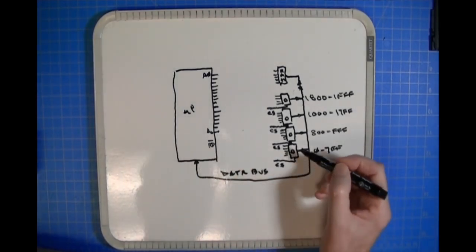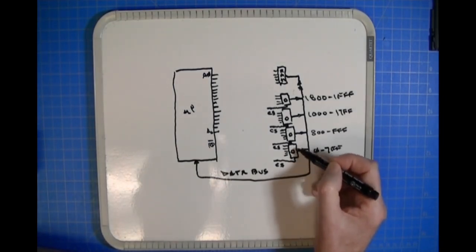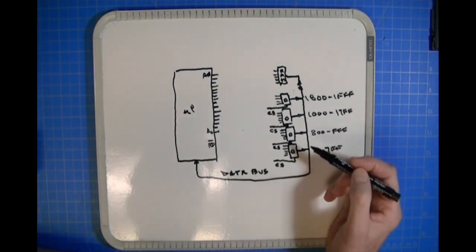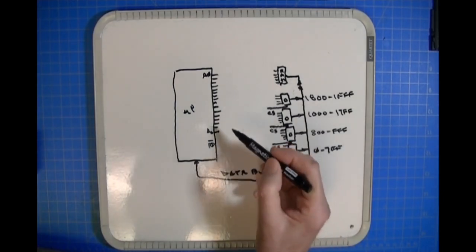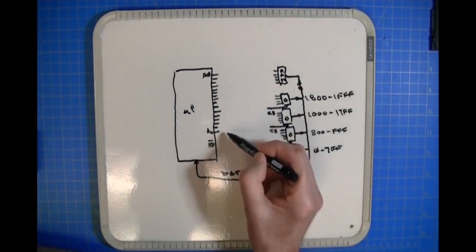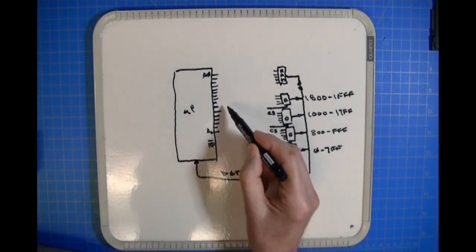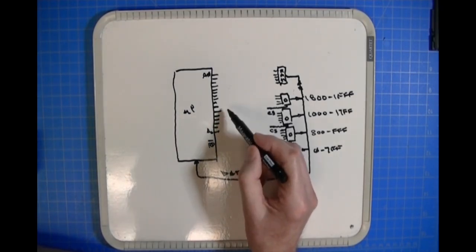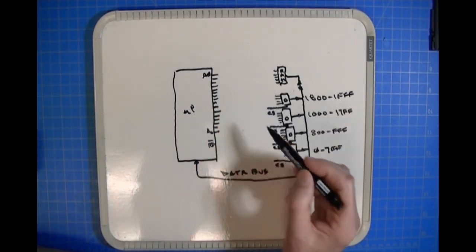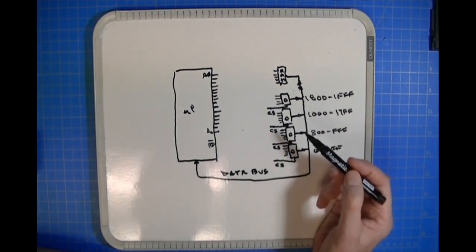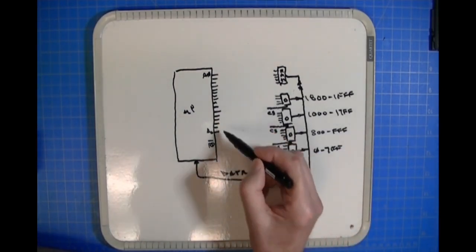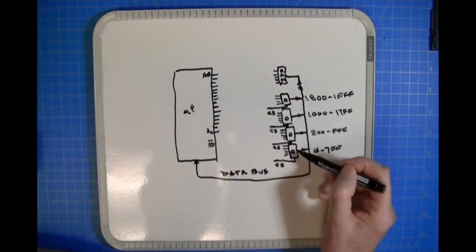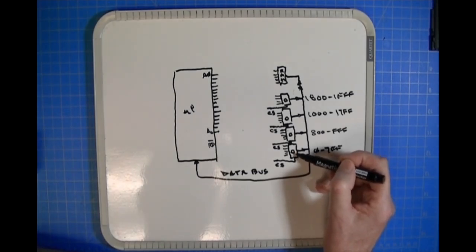So the range of bytes that are stored in this EPROM are going to have to be covered by the bits that are set on the first, I'm going to say 11, I could be wrong, 11 bits of the address line. So when those bits are set to point to this EPROM, you want only this EPROM to be active.